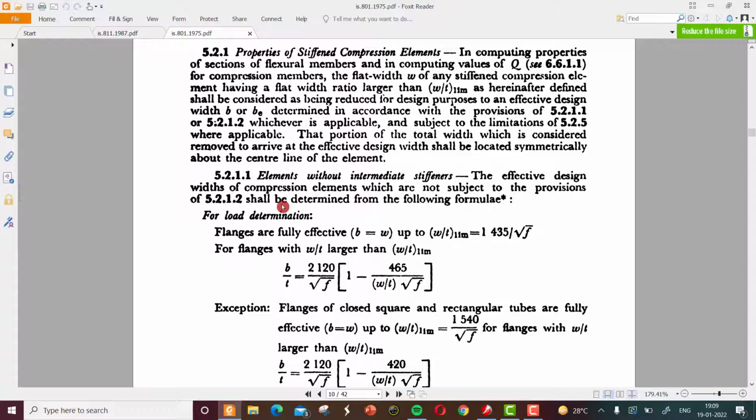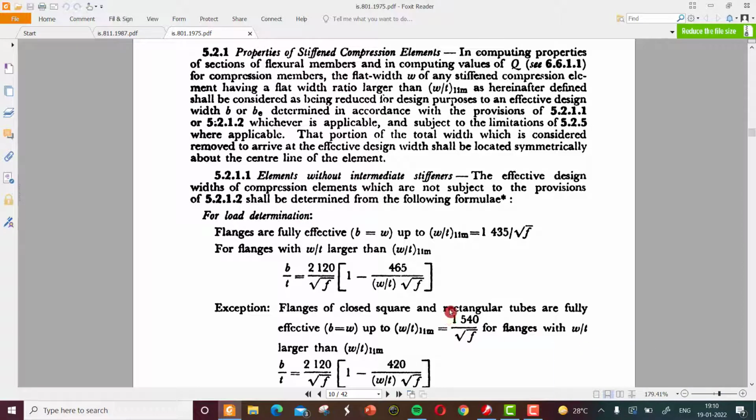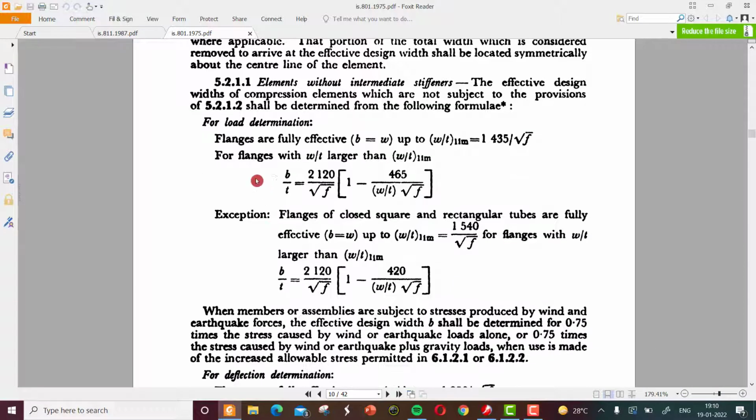The effective width is different for load determination as well as for the deflection calculations. Similarly, the effective width calculations are different for the open sections as well as for the closed sections. You can see for load determination, the flanges are fully effective.